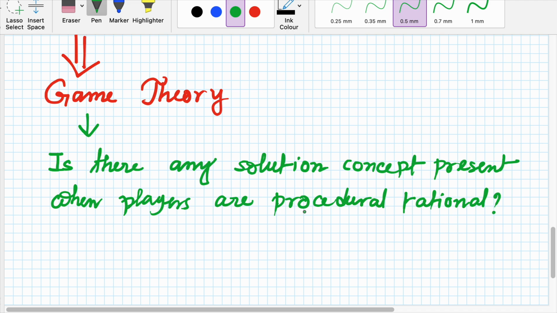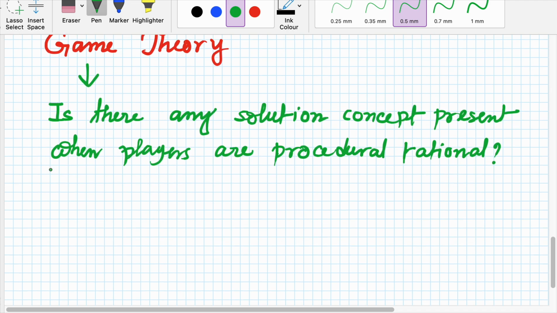And solution concept means we know that we are finding a concept of equilibrium.